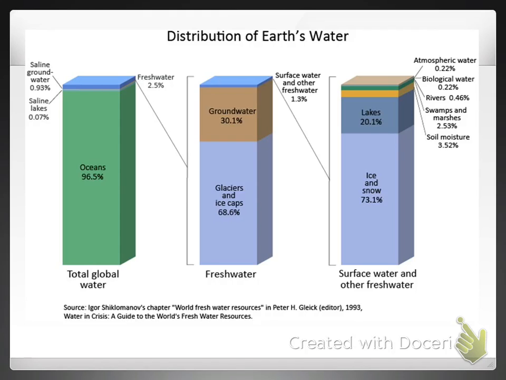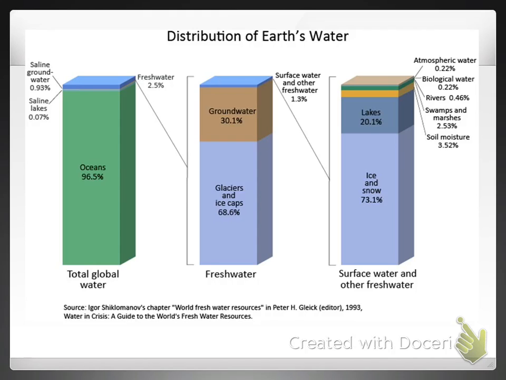And then you've got the 2.5 that is fresh water. And then you go to the middle bar, which breaks down the fresh water. You break down that 3.5%, then you've got the glaciers and the ice caps making up 68.6%, and then groundwater, and then amazingly surface water, all our rivers, lakes, and streams, make up such a small amount.